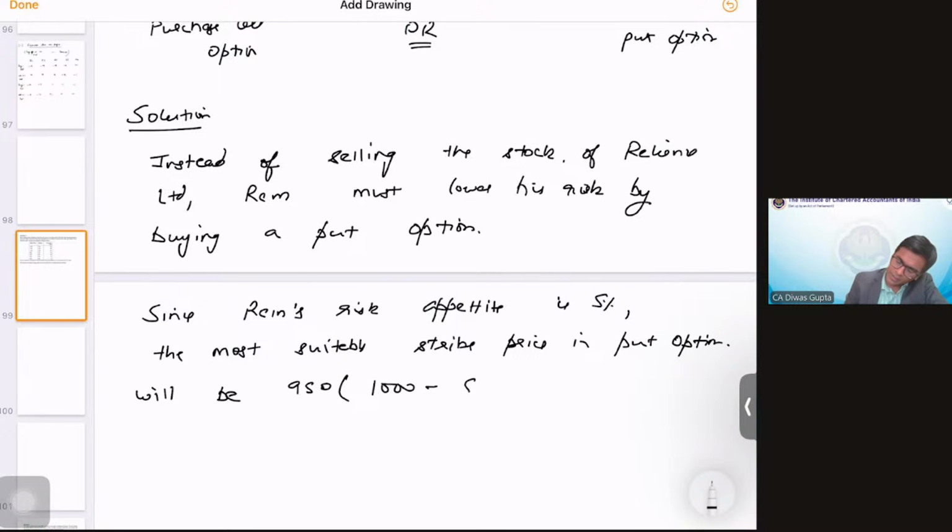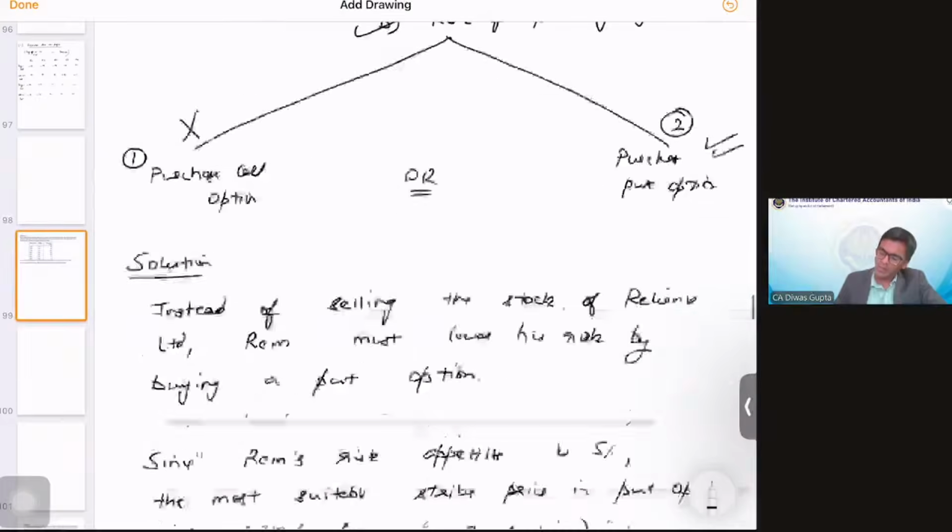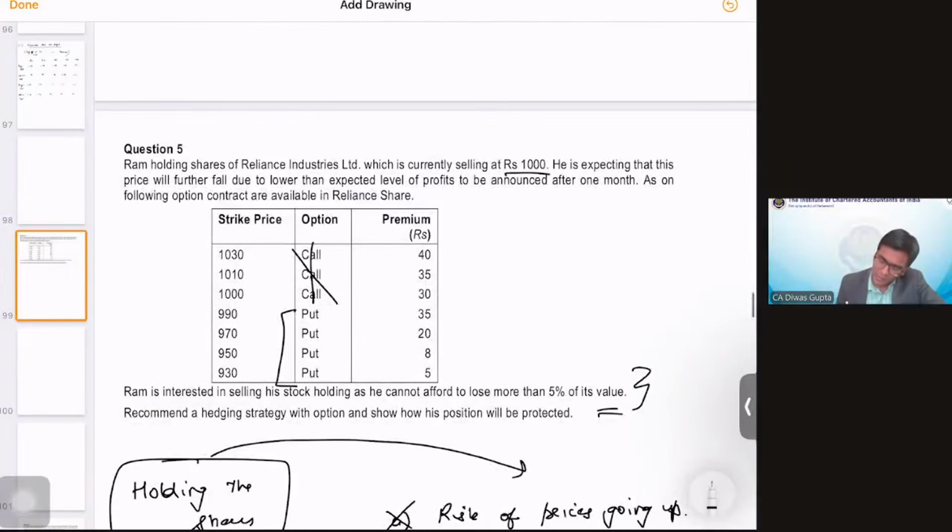Which is 1000 minus 5% of 1000. So this 950 strike price is currently being traded at 8 rupees of premium.